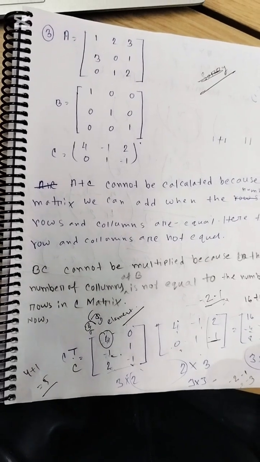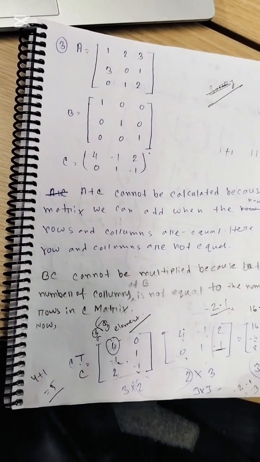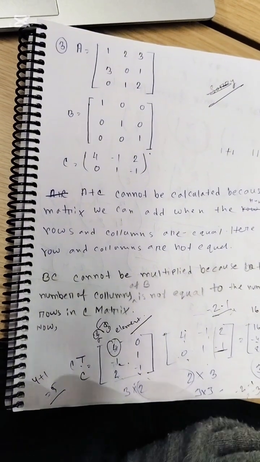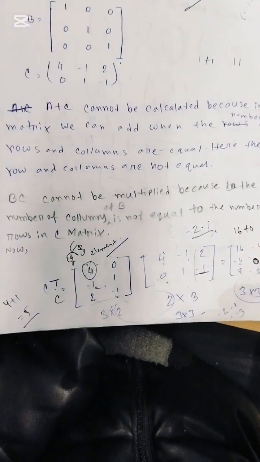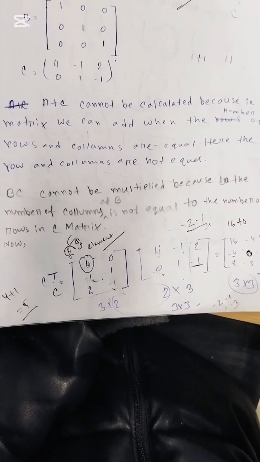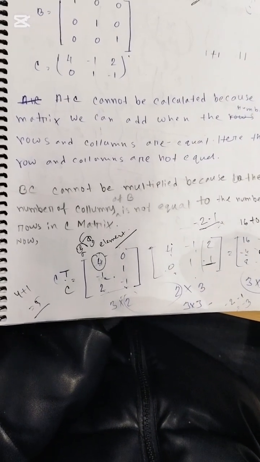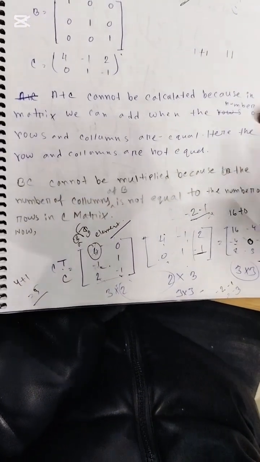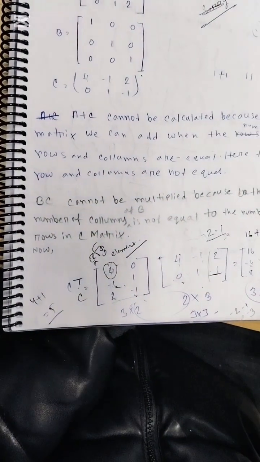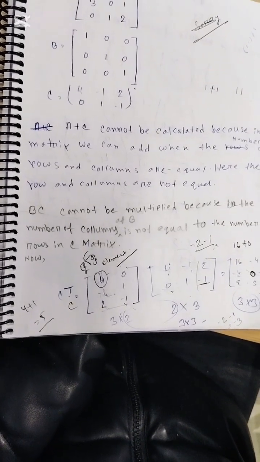The next question is B and C. BC cannot be multiplied, because the number of columns in B is not equal to the number of rows in C matrix. So that is why B and C cannot be multiplied.